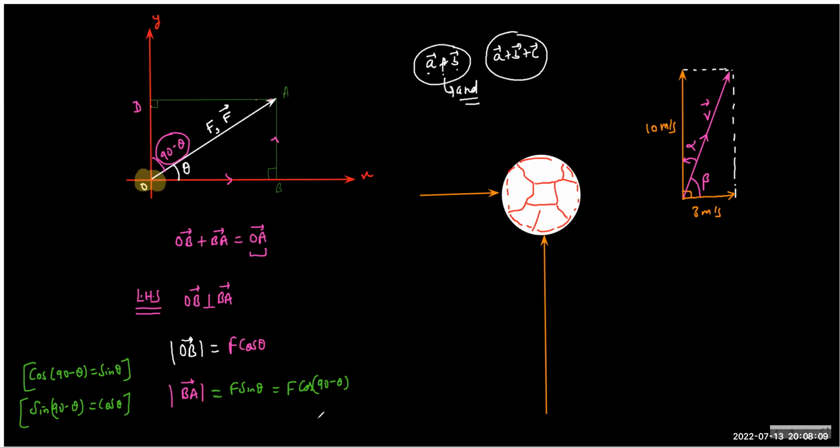All right. So now coming to this, you got OB and BA length, and you're saying these are components. So what is the way of finding the component? You take the vector, you take the cos of the angle between the vector and the direction. That is the meaning of component.